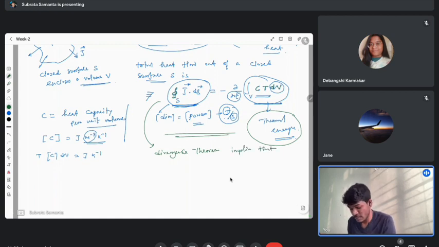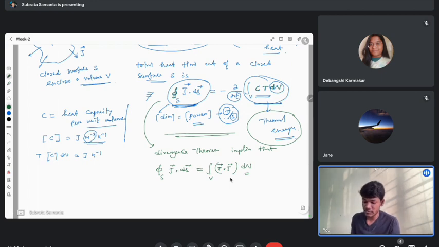The divergence theorem implies that the closed surface integral of J dot dS gives the integral of the divergence of J over the volume V. So this relates the closed surface to the volume.